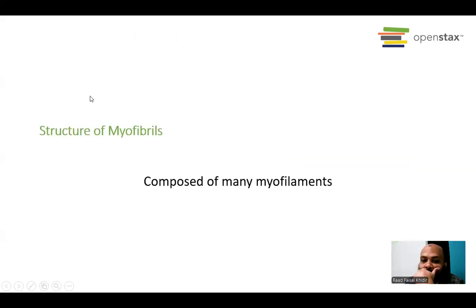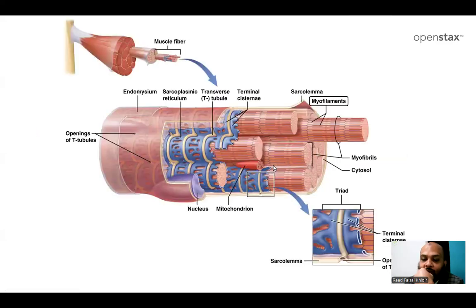Structure of the myofibrils. The myofibrils are composed of many filaments. So these are the openings of the T tubules, and you have sarcoplasmic reticulum, and these are transverse tubules, and these are terminal cisternae.